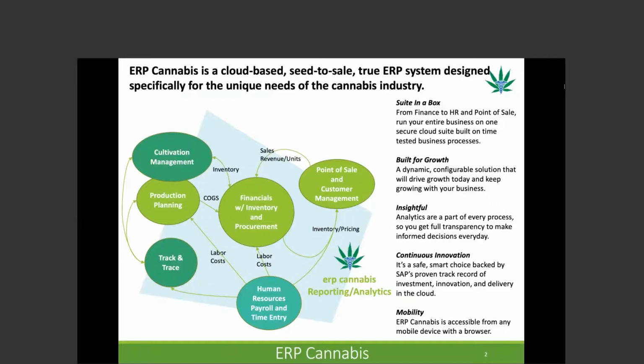So around that, we have added the specific cannabis industry modules, including the point of sale and customer management, which is intended primarily for dispensary or retail operations. And then on the back end, the core functionality within the ERP system for production planning.